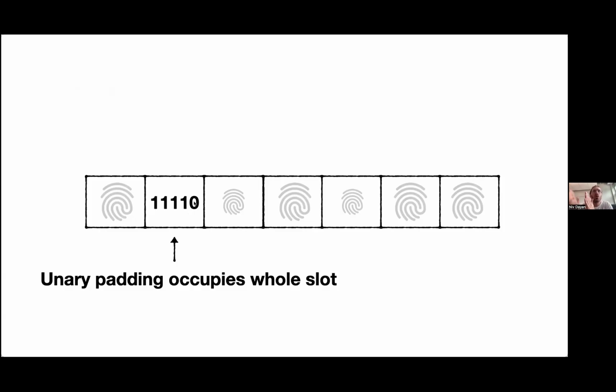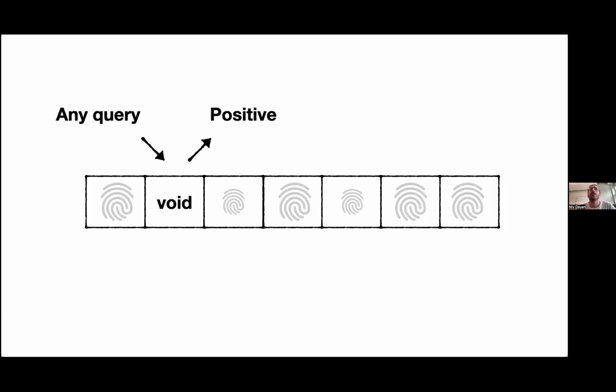We really have lost all fingerprint bits for this particular entry. We refer to these as void entries. Whenever a query lands on a slot that contains a void entry, we don't have any fingerprint bits to do any filtering, so that query will always return a positive.